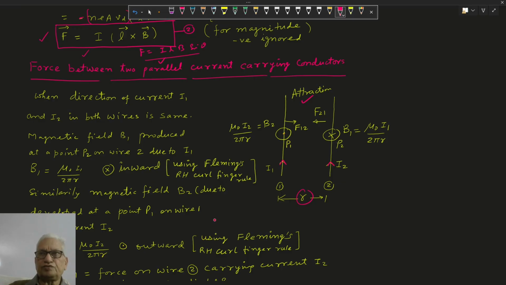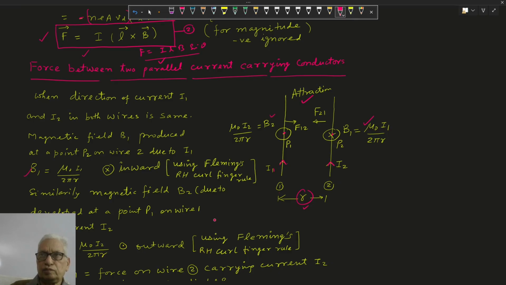Suppose here, how to find out this? Due to current in wire number one, I1, a magnetic field here is given by mu naught I upon 2 pi R. ये फॉर्मूला पढ़ा था हमने इनफाइनाइटली लॉन्ग वायर के लिए, वो यूज कर लिया. So B1 is the magnetic field due to I1 at a distance of R, given by mu naught I1 upon 2 pi R. ये डायरेक्शन कैसे लेंगे? राइट हैंड कर्ल फिंगर रूल. तो यहाँ पे हमने रखा I1 पे और इनवर्ड मैग्नेटिक फील्ड मिल जाएगा. सिमिलरली I2 की वजह से आउटवर्ड मैग्नेटिक फील्ड मिलेगा B2.